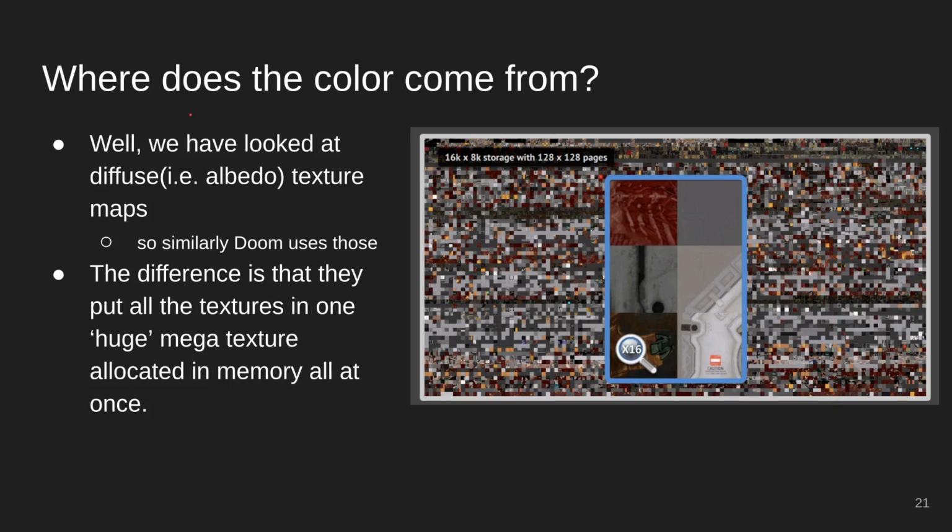First question is, where does the color come from when we're trying to draw a frame in a game? A game or movie sometimes, but more typical of games, this is how the information is stored. In games, we just load up usually one really big albedo texture or our diffuse texture into a really big image.